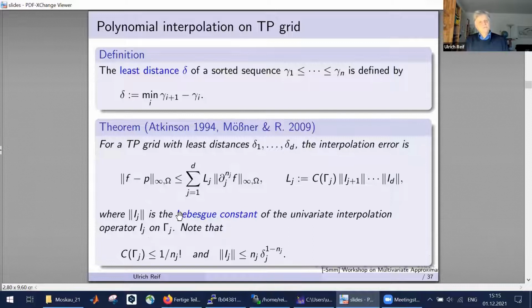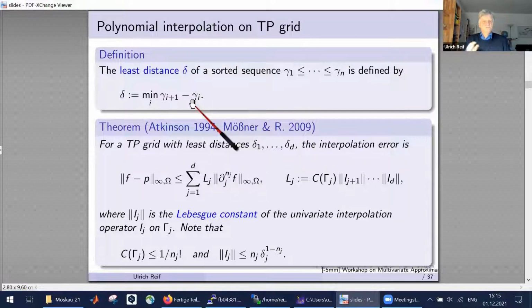Okay, how can we proceed? How can we get further? Let me define the least distance delta of some sequence gamma of interpolation nodes. This is simply the minimal distance between two consecutive nodes. So this is delta.